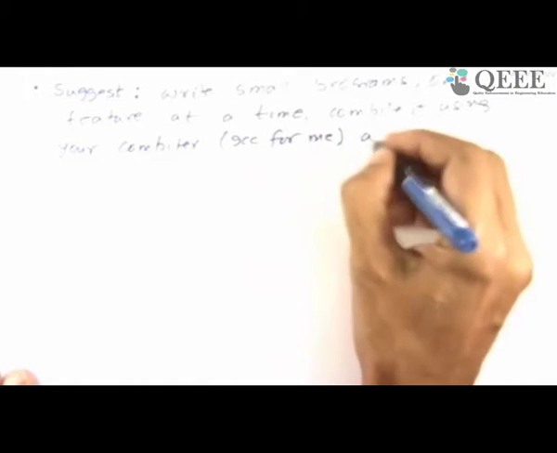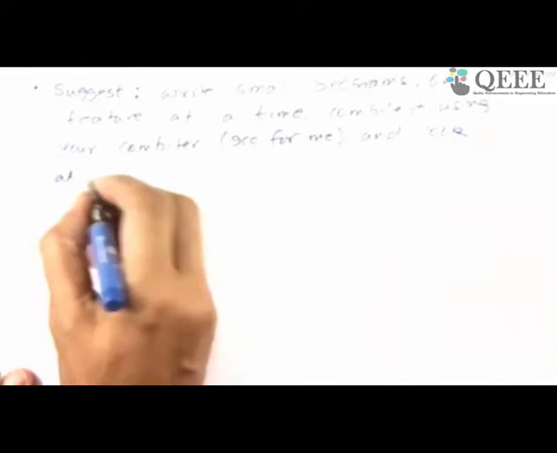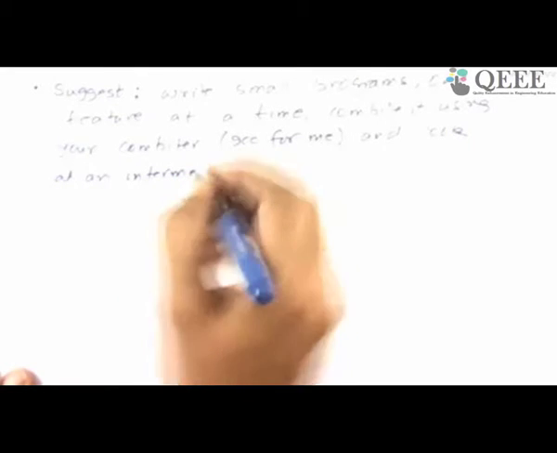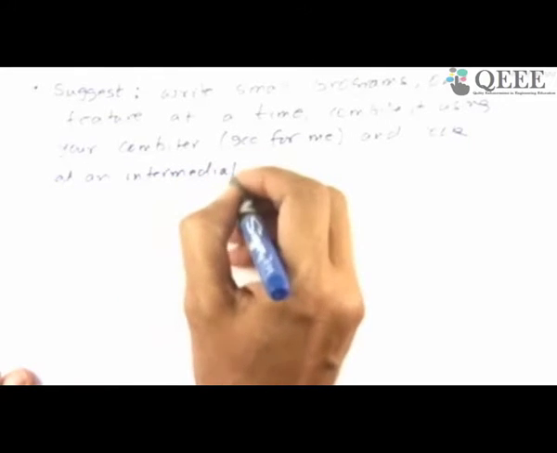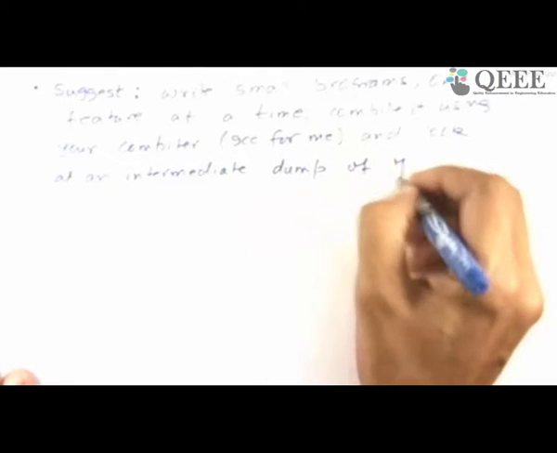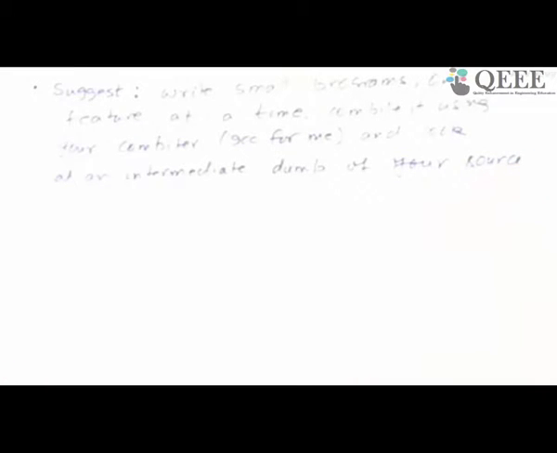Okay. And look at an intermediate dump of the program after the compiler has gone a little bit distance in process. Is the best way of learning how to translate, because there is a compiler which is helping you tell what it is doing. Okay, and then we'll try and figure out whether we can do it in a similar manner or we can do it differently. So this is for your own learning.